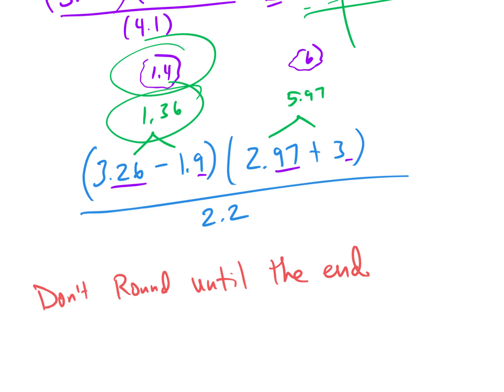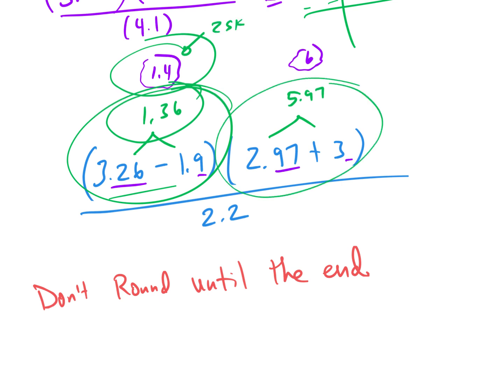I guess where the confusion comes is they say don't round till the end. Yeah, we're not going to round till the end. But if we add these, it should only have 1 decimal place. So this measurement together has 2 significant figures.